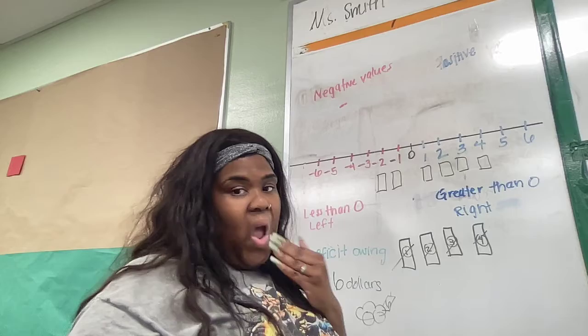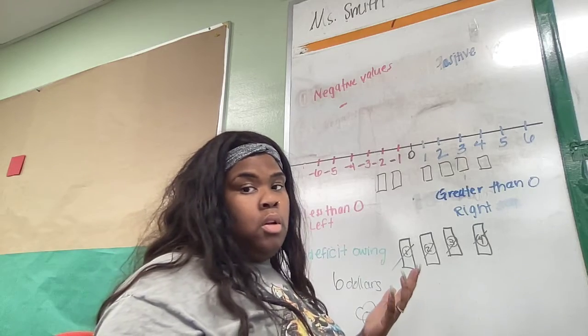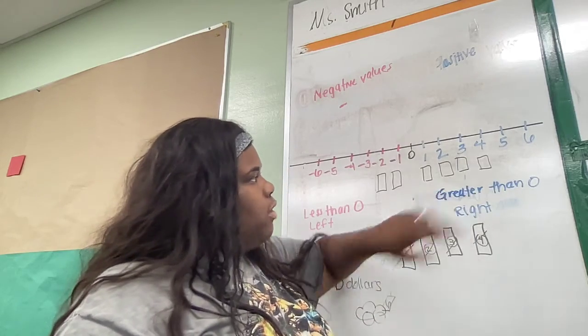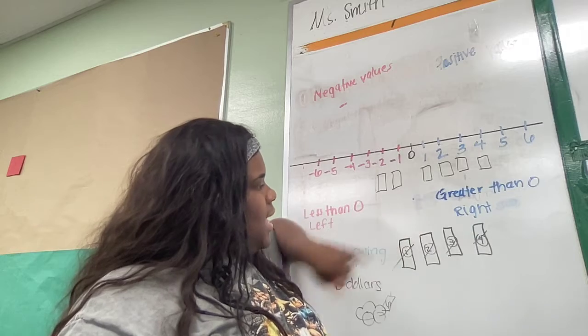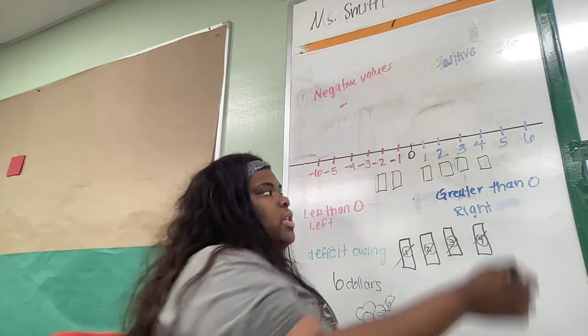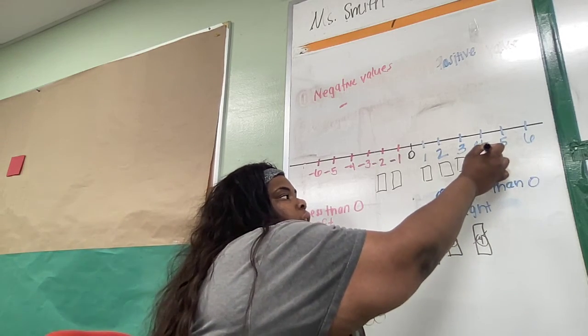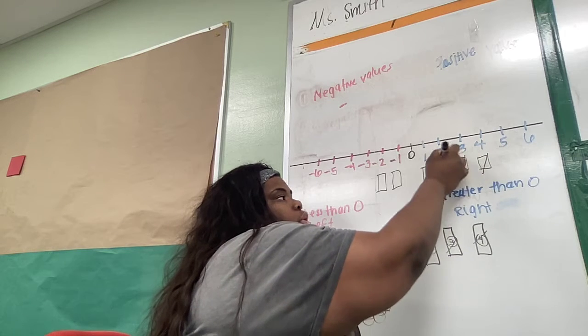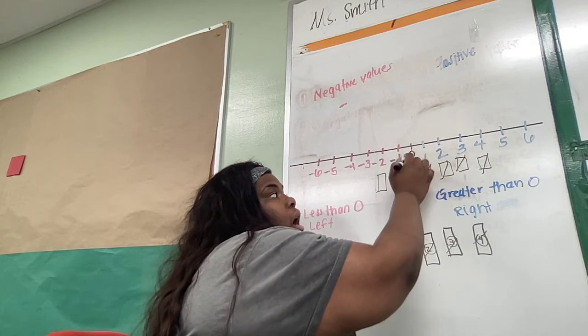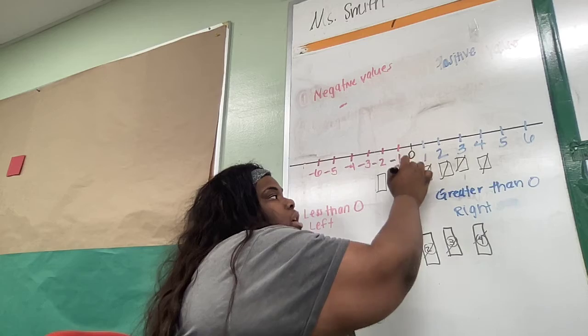So you only have $4. You spent 6. They're going to take away your money. They're going to take away 1, 2, 3, 4. Now you're at 0.